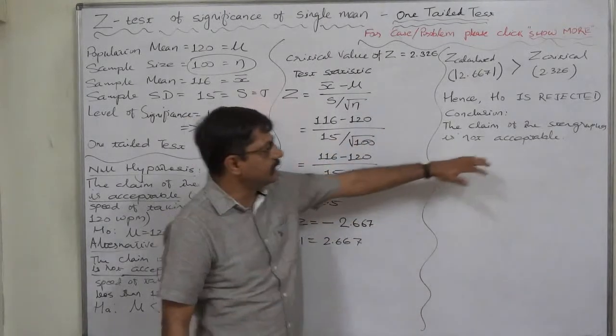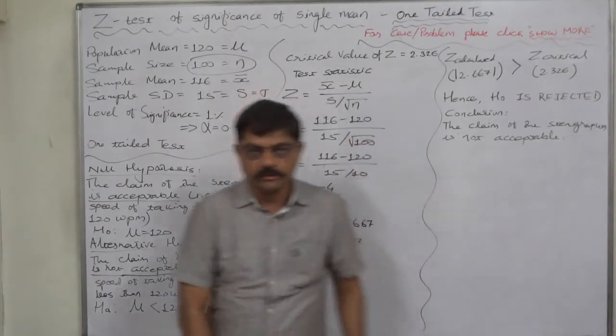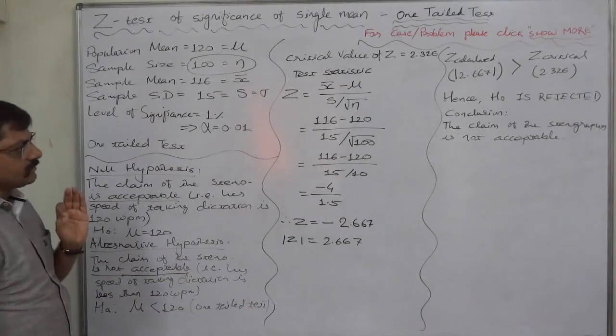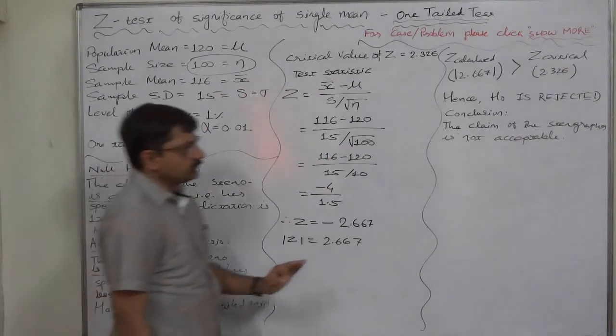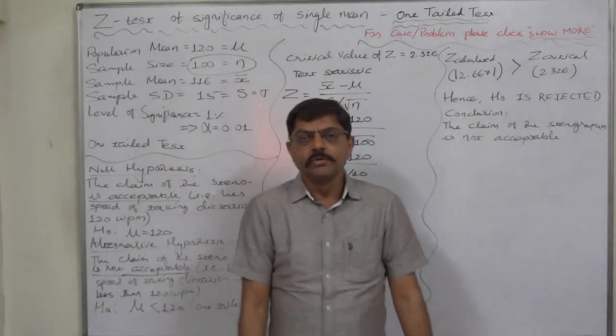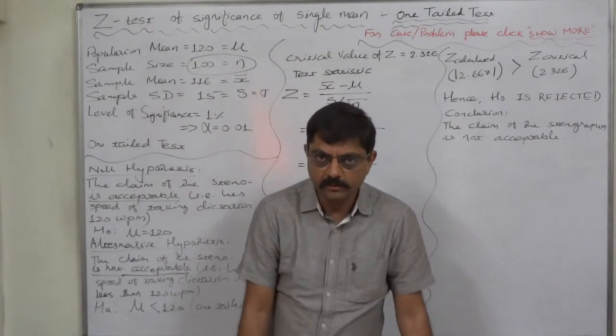This is the statistical conclusion. What about the managerial decision or managerial conclusion? It is a very simple thing that we can tell her that it has been proved through these 100 trials that you cannot take dictation at 120 words per minute.